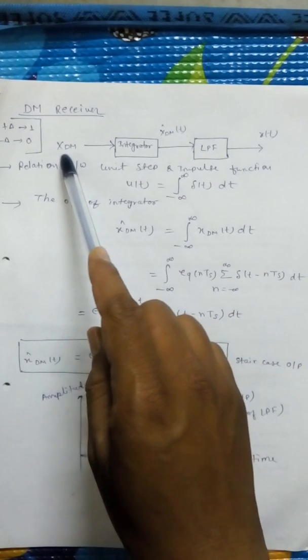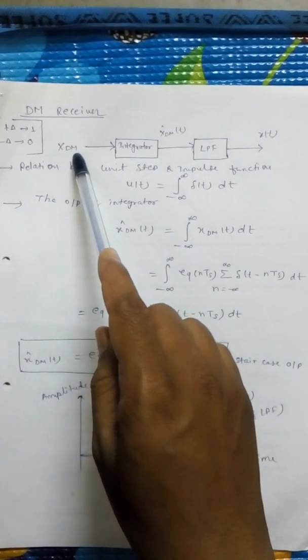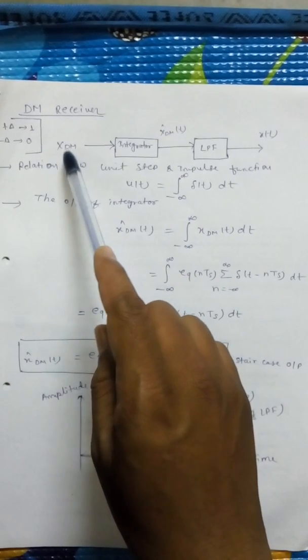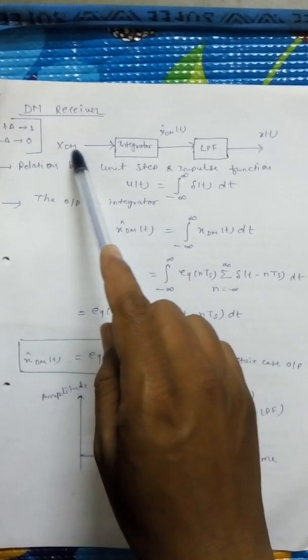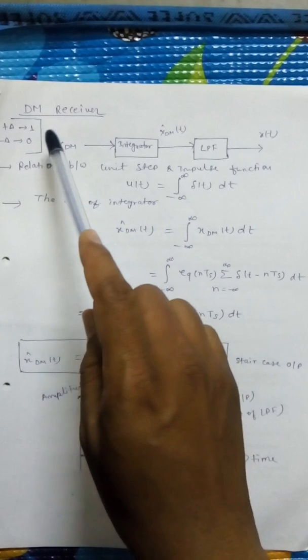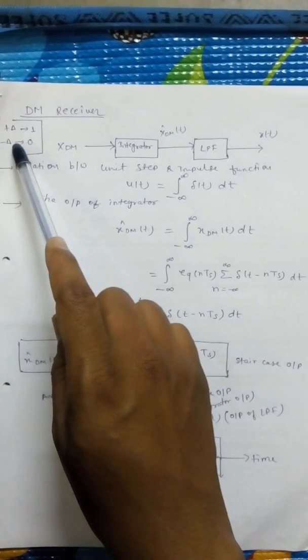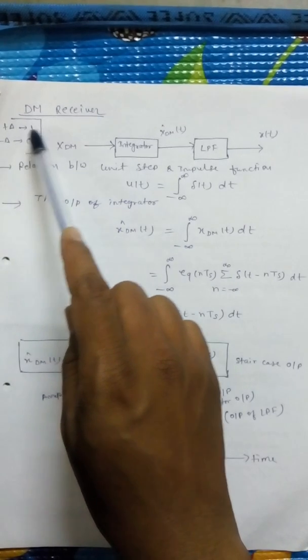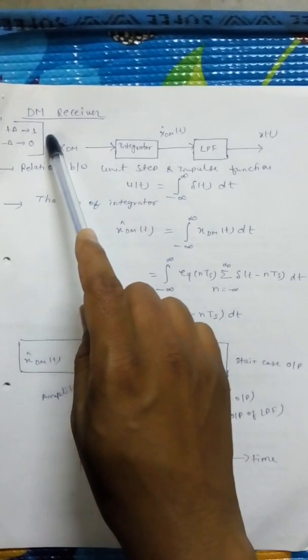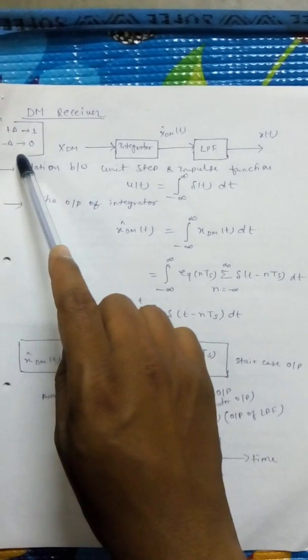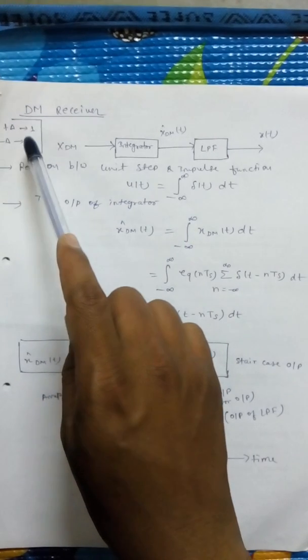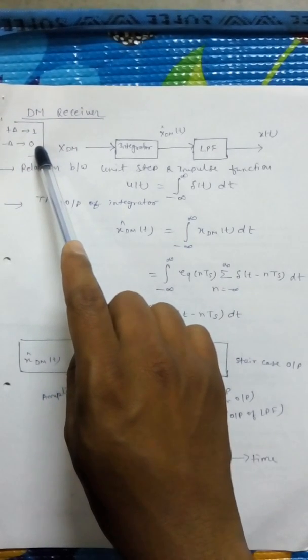Here XDM is our delta modulated signal. This delta modulated signal is in the form of 1 or 0. If plus delta size is achieved, then it is 1, and if minus delta size is achieved, then it denotes 0.